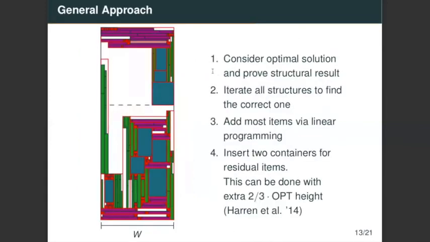Note that the horizontal box does not affect the optimality of the solution that much, since its height is epsilon opt, but the second box, the vertical box, is actually problematic.